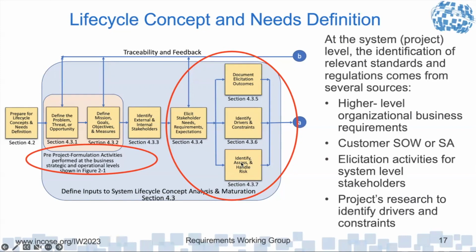So at the system project level, the identification of relevant standards and regulations is going to come from several different sources: the higher level organizational business requirements from both the supplier organization and the customer, the customer statement of work or supplier agreement, the elicitation activities that we do with the stakeholders at the system level, and then just the project research to identify drivers and constraints.